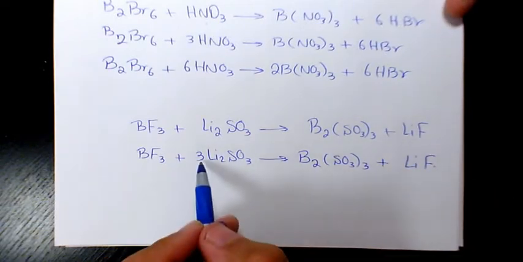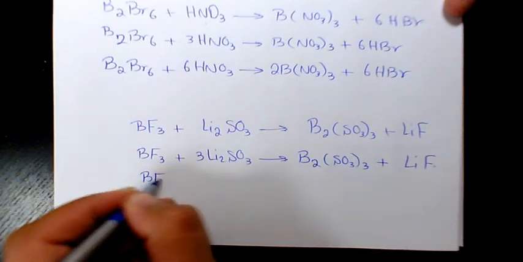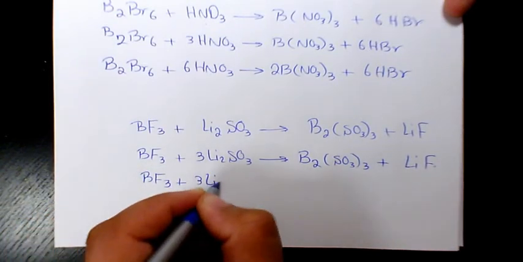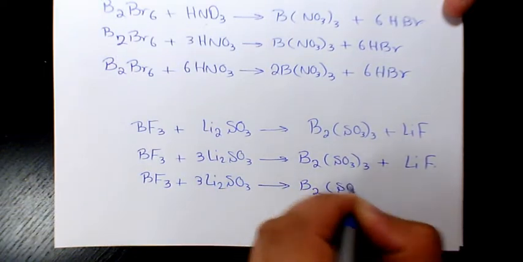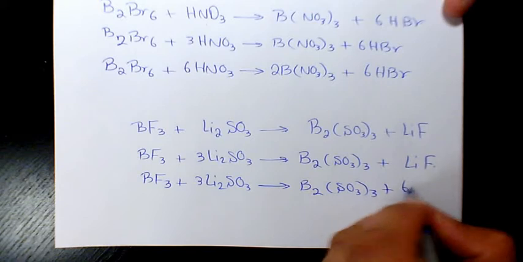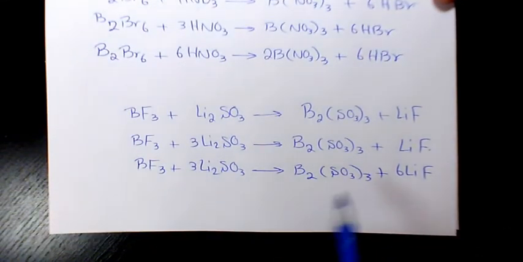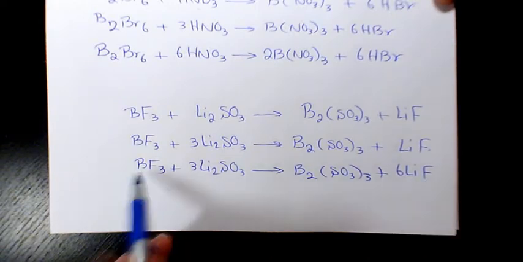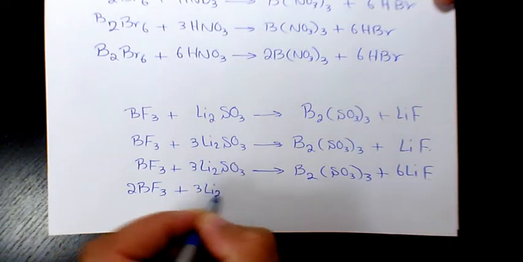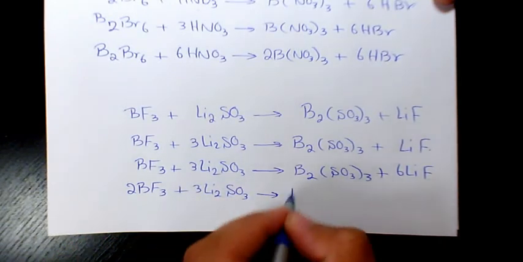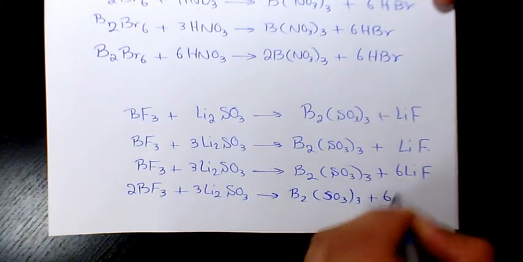So we have 3 times 2, 6, I need to place 6 there. So we have 6 fluorine, so we need to place 2 in there: 2 BF3 plus 3 Li2SO3 gives B2(SO3)3 plus 6 LiF.